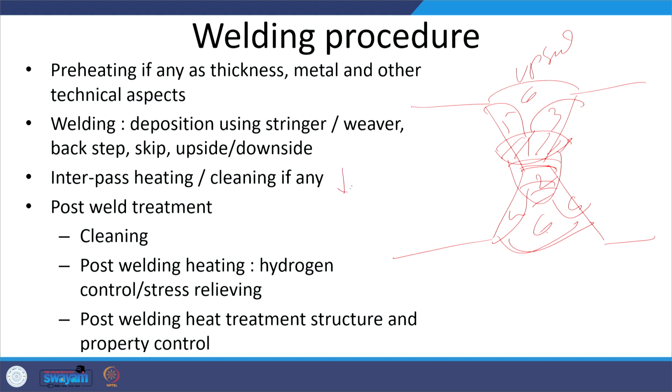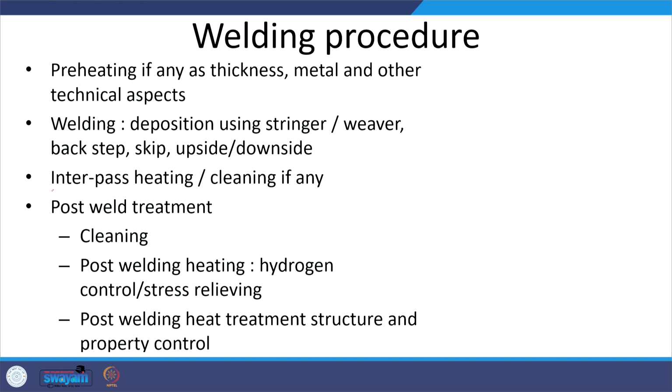This helps in reducing the distortion, and it also helps in neutralizing the residual stresses, besides realizing many other thermal damage related benefits when upside and downside welding is done alternately. Then we have the interpass temperature and cleaning, like say if we are using preheating.